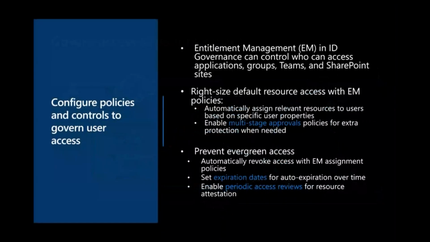So if this user is no longer in the sales department and that access package was assigned to users within the sales department, if that user moves to finance, let's say, then that access package assignment will automatically be removed. So you don't have to worry about that.